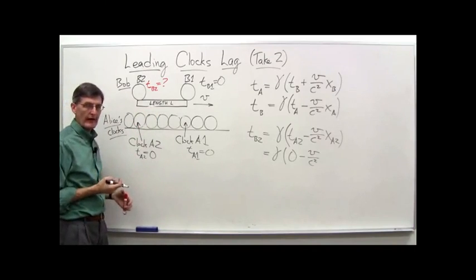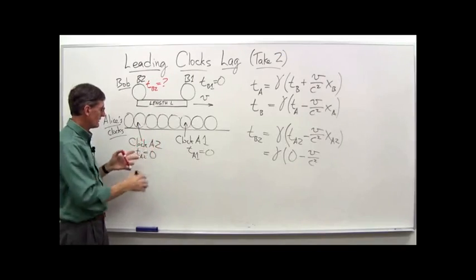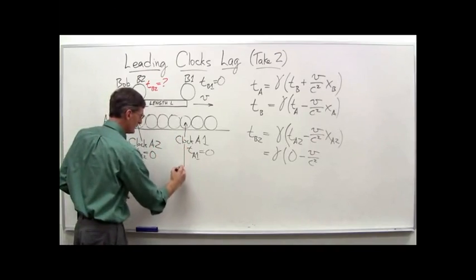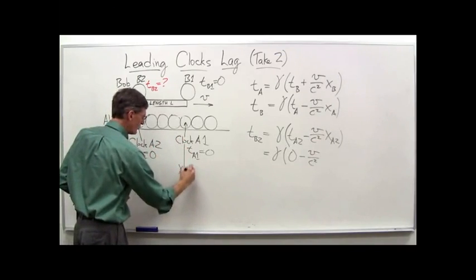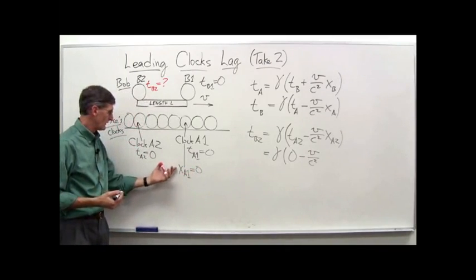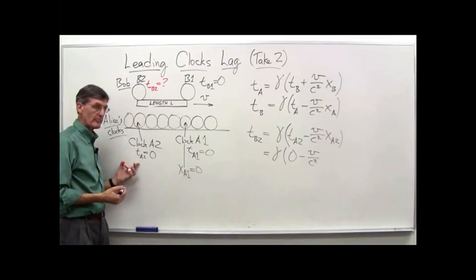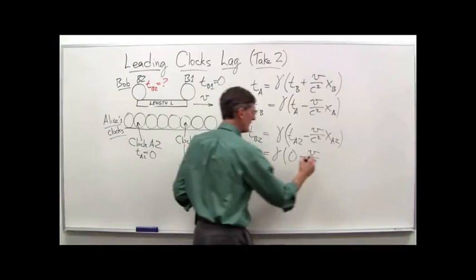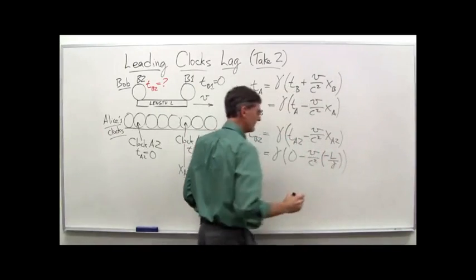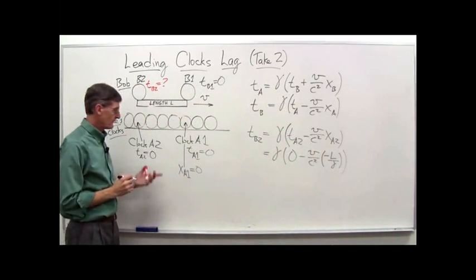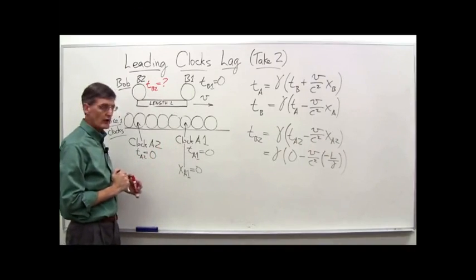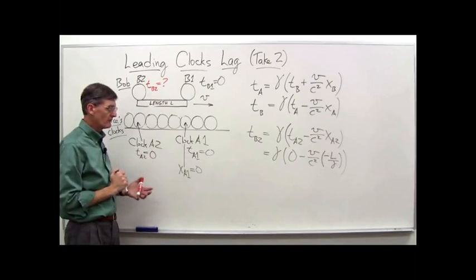If this position right here is XA1 equals 0, we just set our zero point there, then this is in the negative direction, and in fact it's going to be minus L over gamma. That's the distance between those two clocks as far as Alice is concerned.